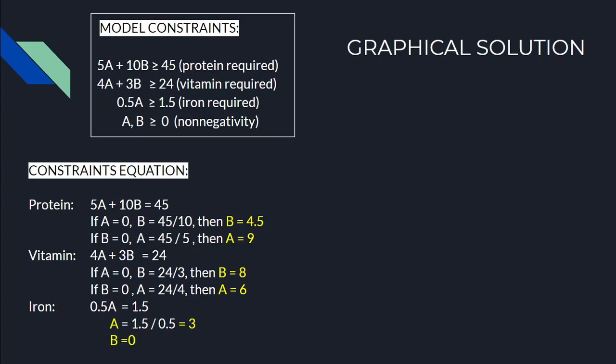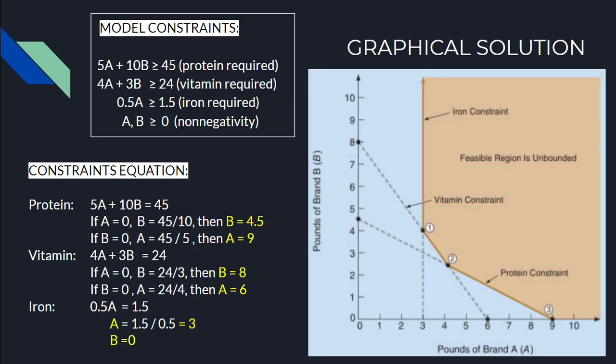Okay? Now, let's plot. Pag nag-plot tayo, ito yung magiging itsura ng ating graph. Naka-identify naman alin yung mga line for each of our constraint. So itong medyo pahiga na line, that is our protein constraint. Paano yan na-graph?